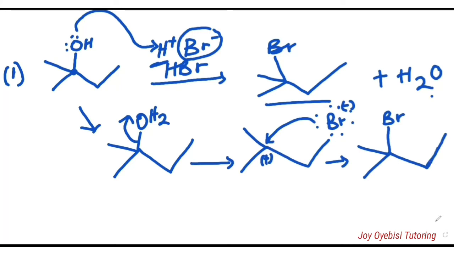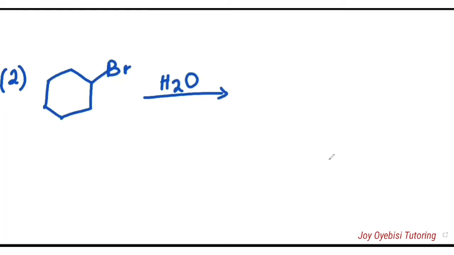Okay, now let's look at the next example. In this example, we're also not sure of what's going to happen here. Okay, and this carbon that is bearing the alkyl group is a secondary carbon, so which means that it can actually undergo SN2 reaction also.